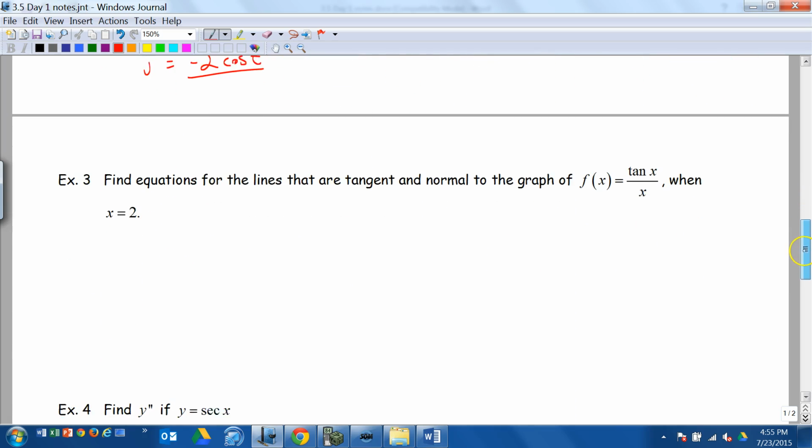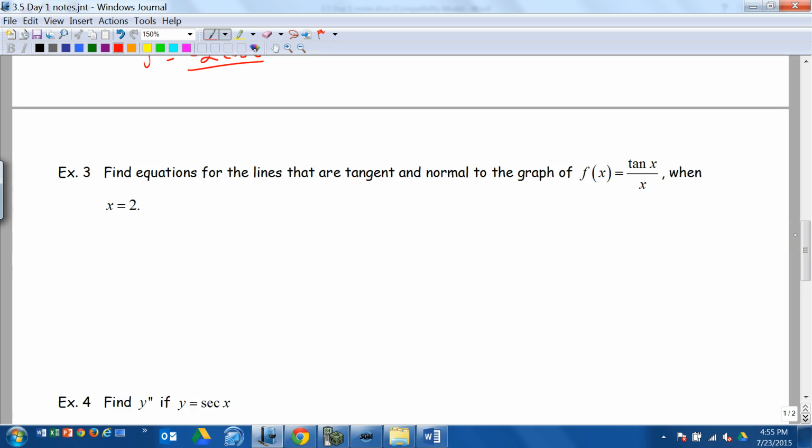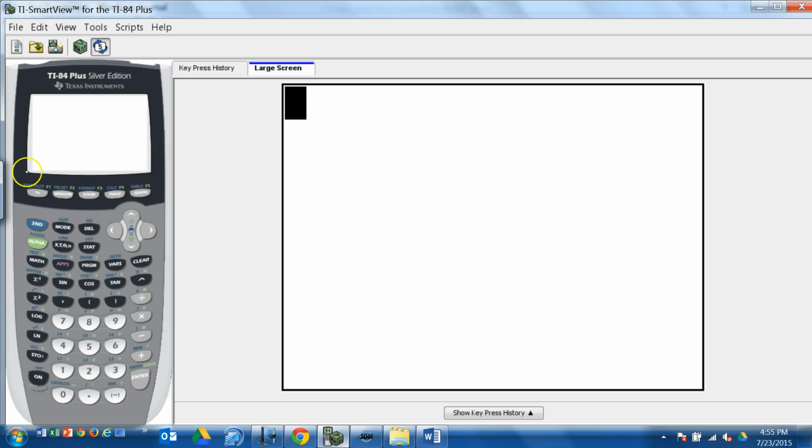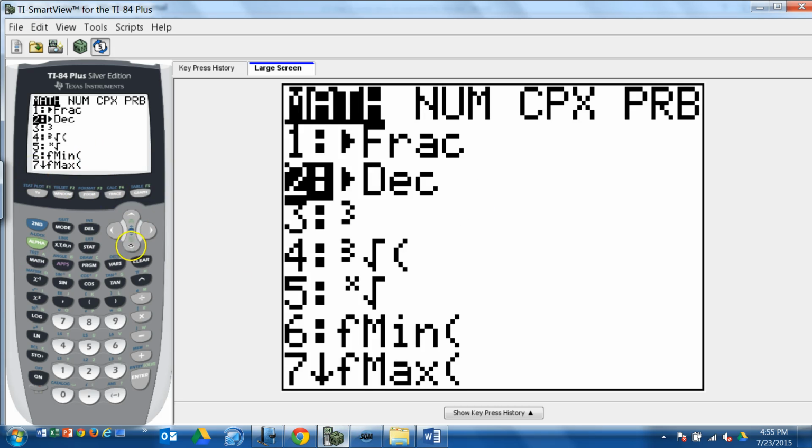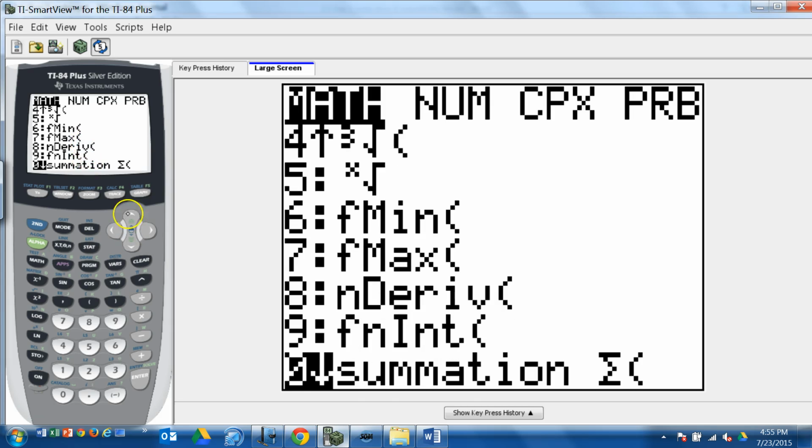Alright, this is just a random problem to kind of review how to come up with equations that are tangent and normal to the graph of tangent of x over x. Now, this one you can do by hand, but because it's telling you to evaluate at x equals 2, since tangent of 2 is not exact, we're going to use our calculator. Remember, it depends on which system you have, but you go to Math, and you go all the way down to n-deriv, which is number 8.